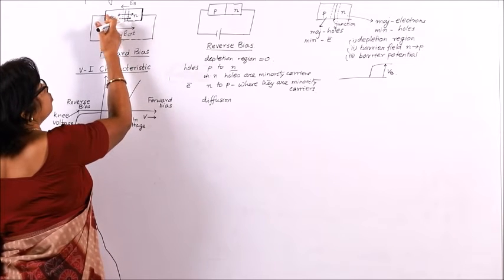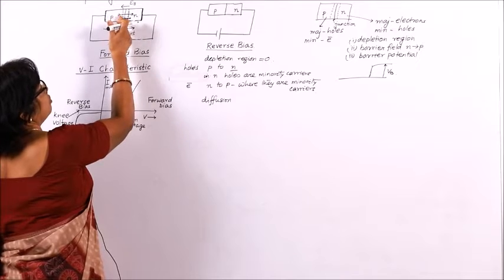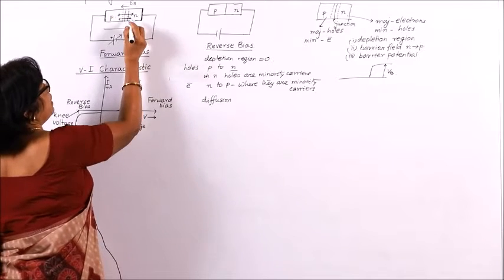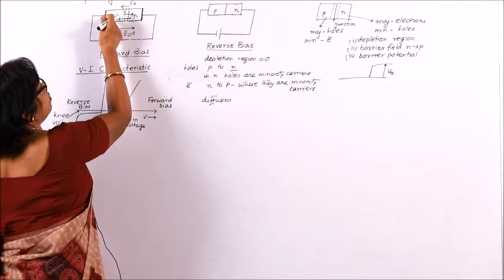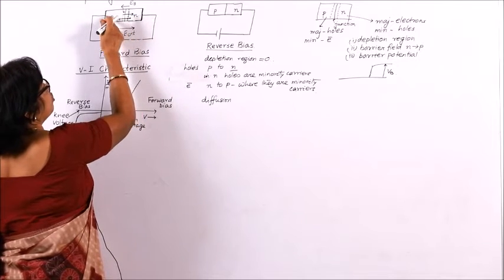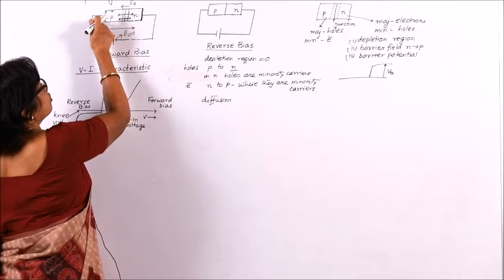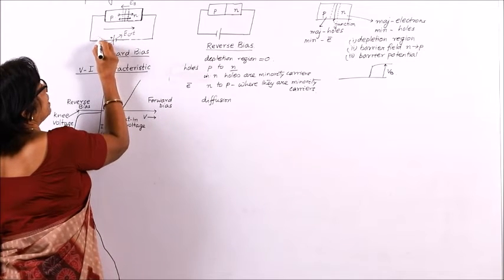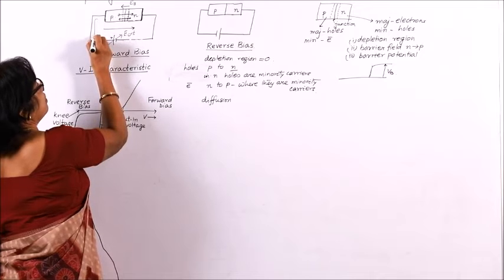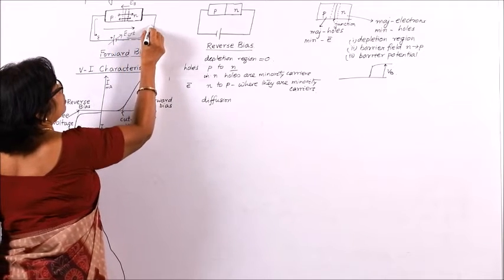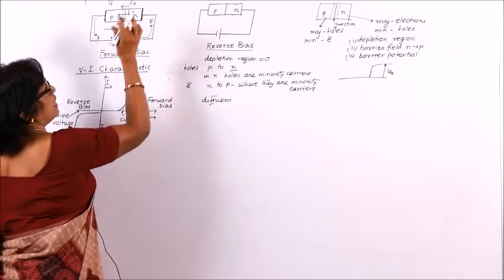These electrons will diffuse from this end to this end, and when they come to this end, the electrons will be supplied to the metallic surface.